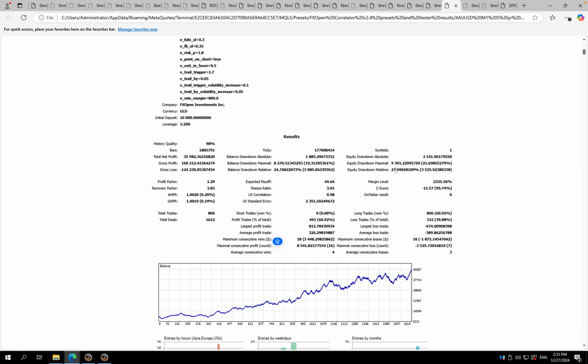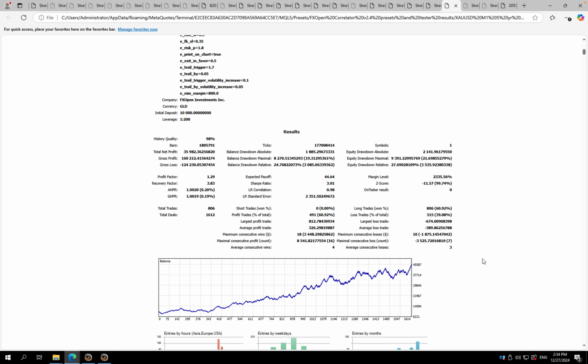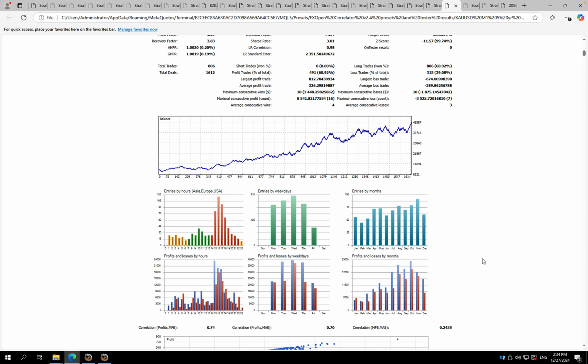And the biggest drawdown being 27% on the equity. And the average profit being 326 compared to the average loss, which is 389. Okay, here are the stats.